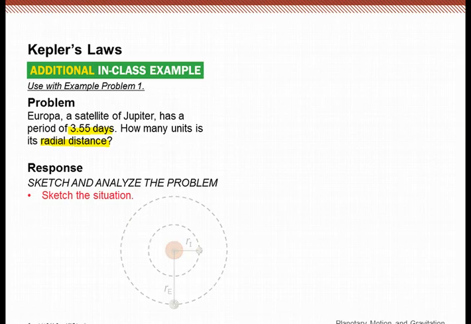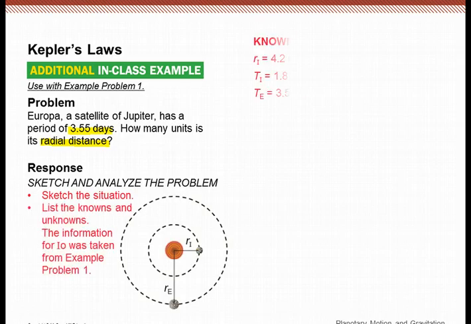So it helps if we sketch the situation or if we just look at what we have given here. We know that the period of Europa is 3.55 days. And I'm going to give you another little piece here: another moon, Io, has a period of 1.8 days and has a radial distance of 4.2 units.